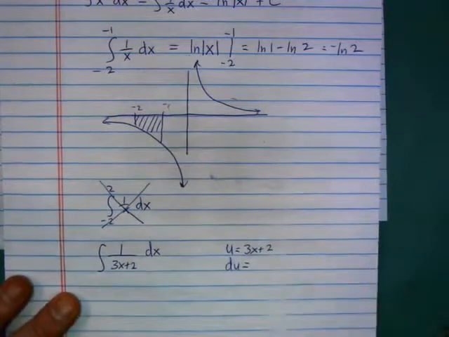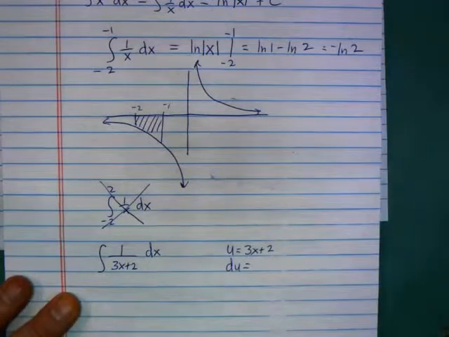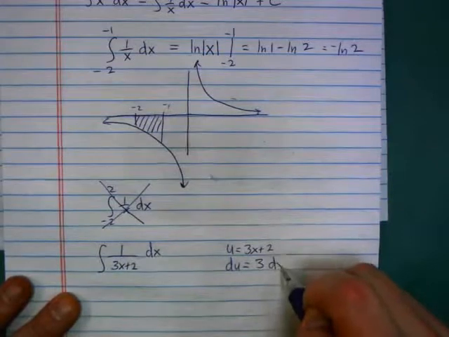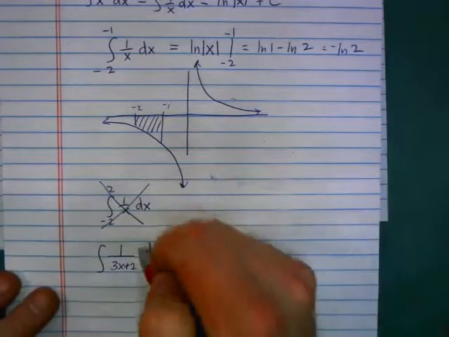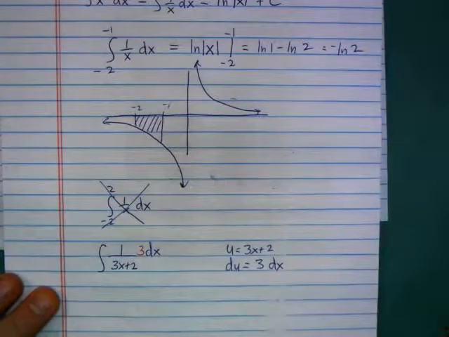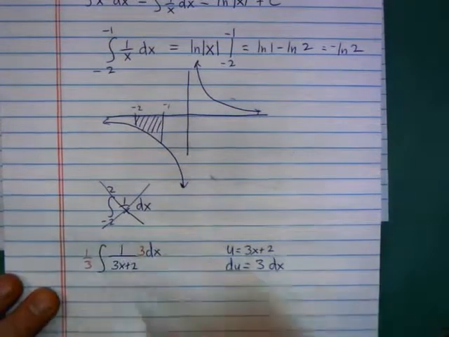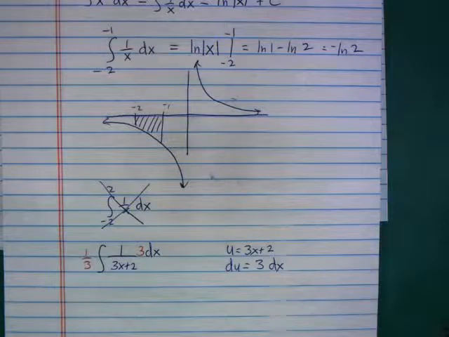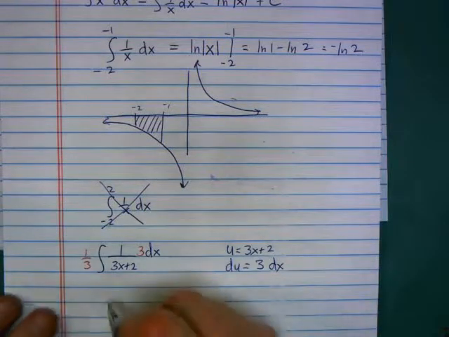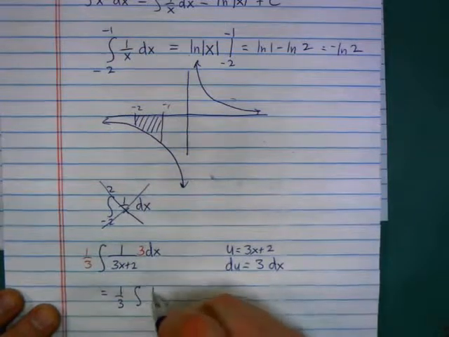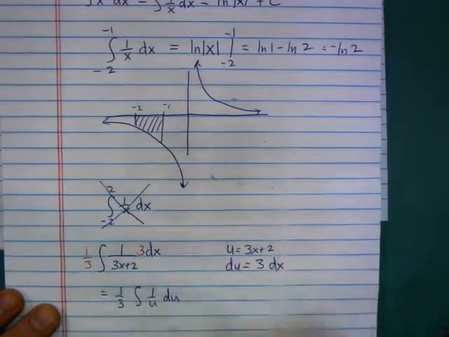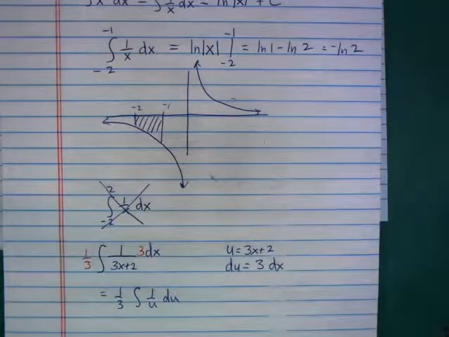du is then 3 dx. So kind of the same trick that we've seen many times. I need to put a 3 in here to get my 3 dx, which means I need to balance it with a 1/3. So this becomes 1/3 antiderivative of 1 over u du. And now we use our new rule.